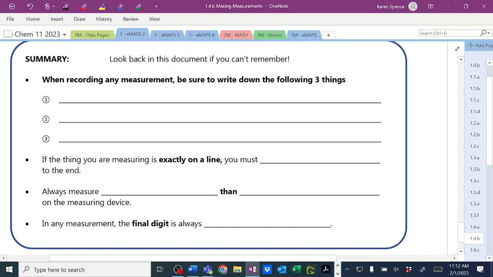And once you have finished that, you can work on equipment A. You can also work on equipment B. Okay, so that would be anywhere up to and including page 24.